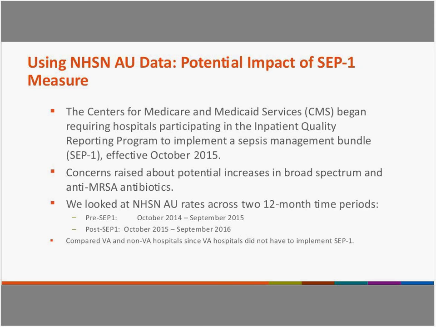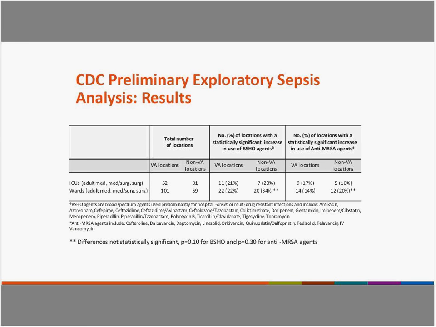This is data that we presented recently at the IDWeek meeting, and the take-home point was that, at least in this limited data set, we did not see a significant increase in the use of broad-spectrum antibiotics or anti-MRSA agents when comparing VA and non-VA hospitals.